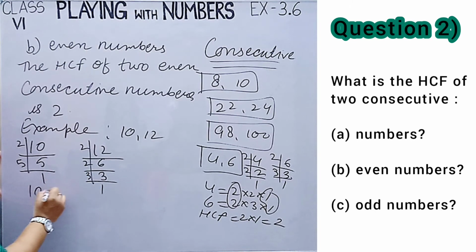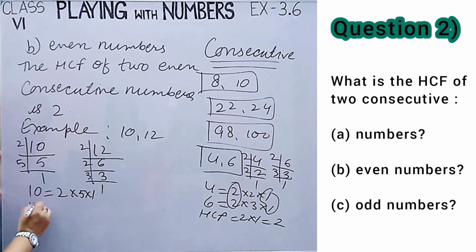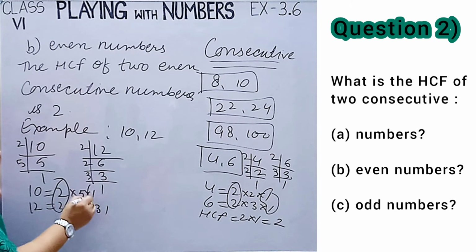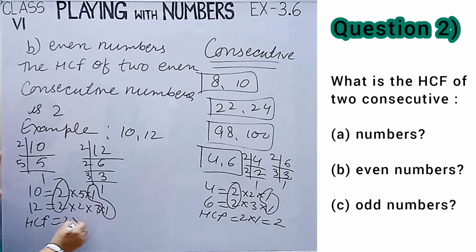It means 10 is equal to 2 into 5 into 1 and 12 is equal to 2 into 2 into 3 into 1. Again you can see that 1 is common here. So we can find that HCF is 2 into 1, which is 2.